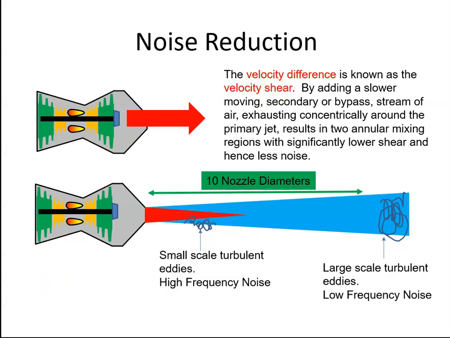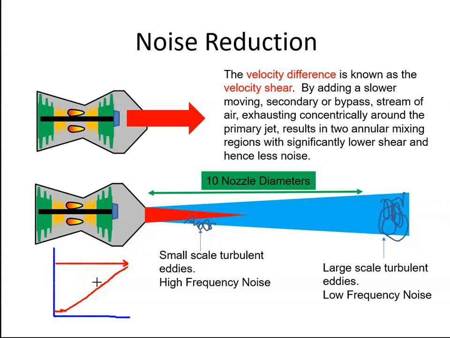Shear, we've seen before: if this is a graph, and I have something moving in that direction and then something moving here, this gradient here, that's the shear. So the larger this shear, the larger the turbulence.